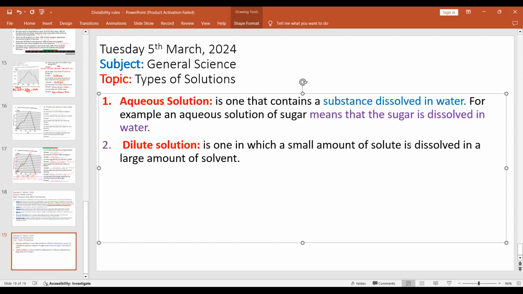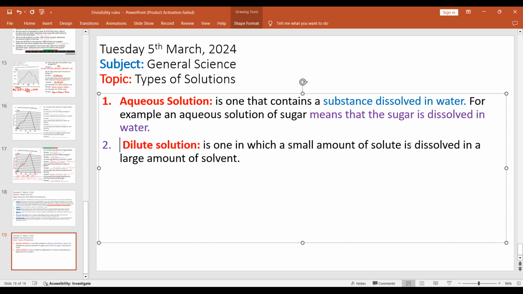So for example, if you have tea that is diluted, what does that mean? It means that it doesn't have enough sugar or it doesn't have enough tea. If we have a dilute solution, it means that our solutes are not concentrated. It doesn't have a large amount of it.